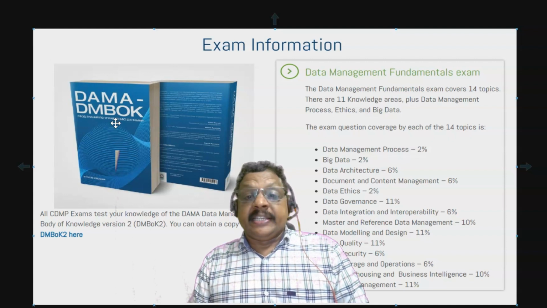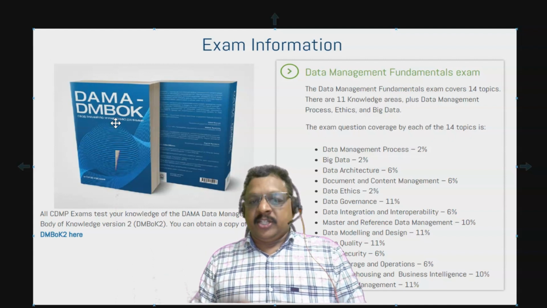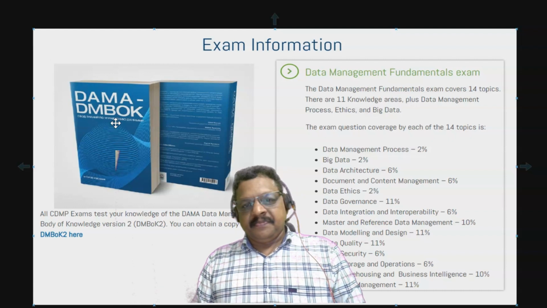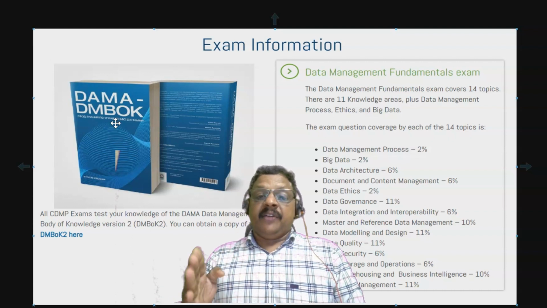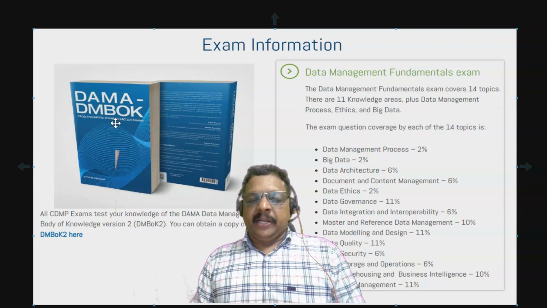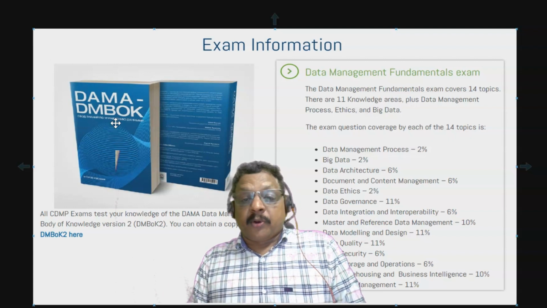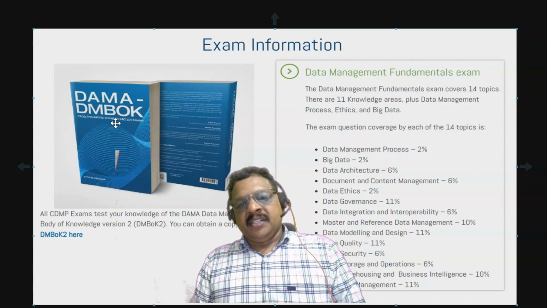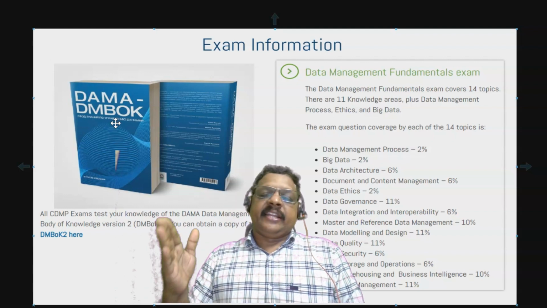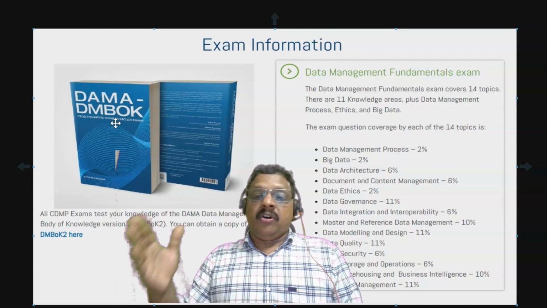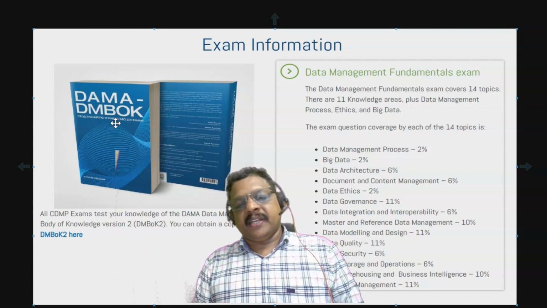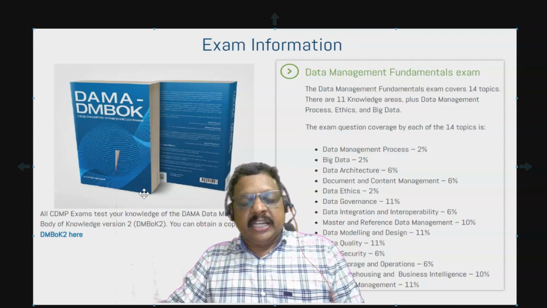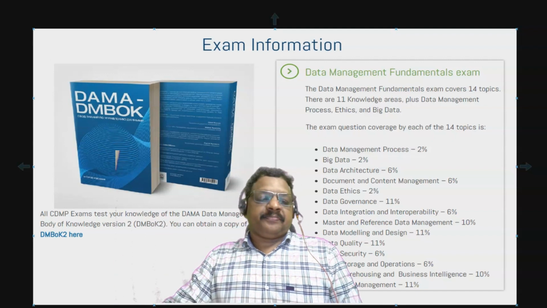So what we understood was the data management fundamental exam, that's where we are focusing on, covers 14 topics. They are 11 knowledge areas plus data management process, ethics, and big data. And we have seen the percentage coverage of each topic in the last session, so I'm not going to explain that today.